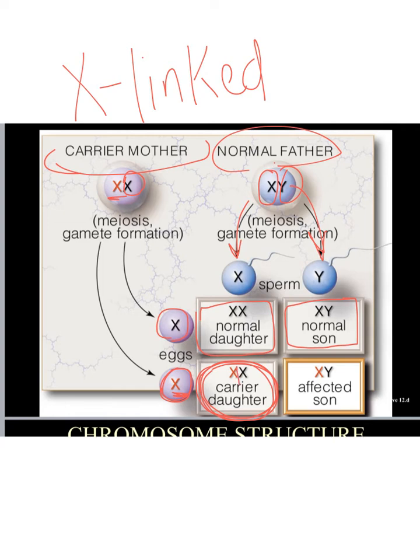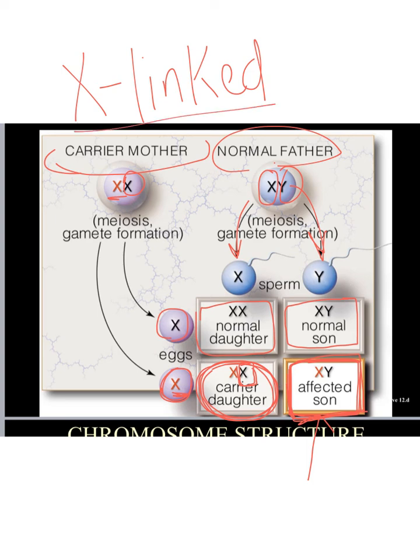She has this normal X that is masking or covering up the affected X. Now, this guy here got the affected X from his mother and a normal Y from his father, so he is affected. He doesn't have another X chromosome to mask the affected X, so he is going to be expressing whatever this gene is and be affected by whatever condition this gene causes.